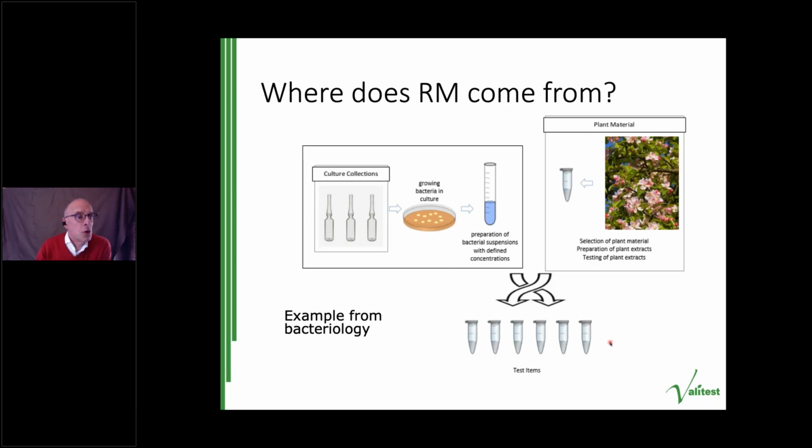This slide just shows you an example of where it can come from. For instance, an example from bacteriology. We've got bacteria from a culture collection, well characterized, well identified. And when you want to prepare reference material based on these bacteria, you can start growing them in culture.